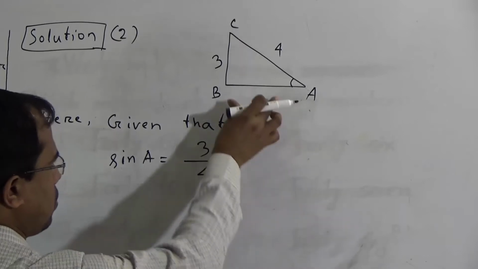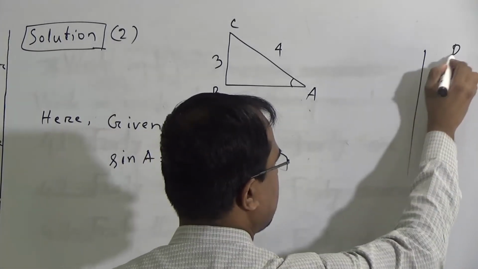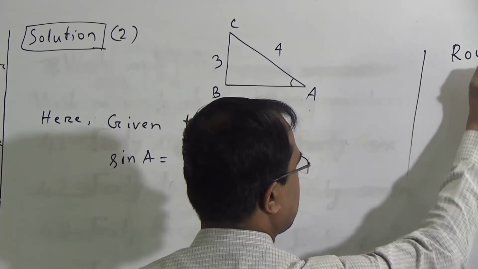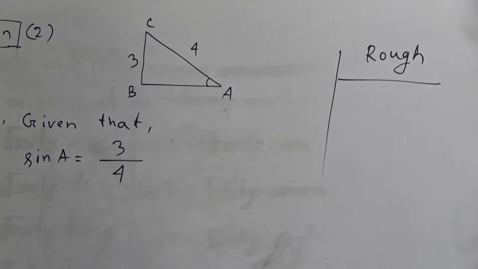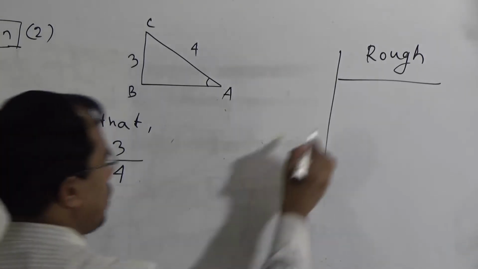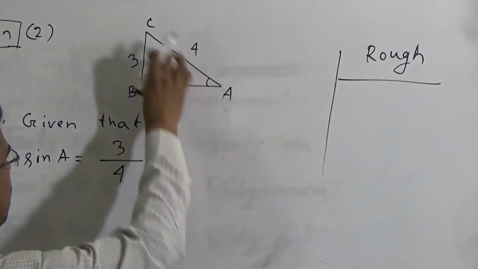For finding out the length of AB, we can use Pythagoras theorem here. In ABC right angle triangle, if we apply Pythagoras theorem, then we can write AC square equal to AB square plus BC square.